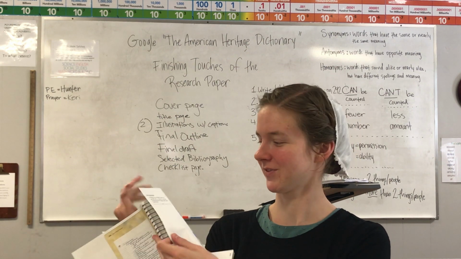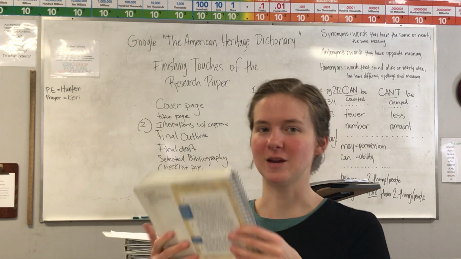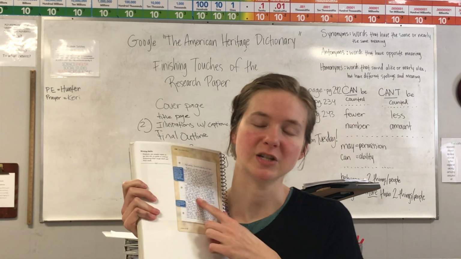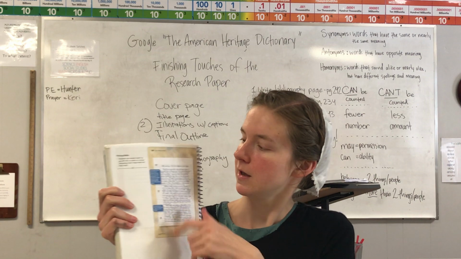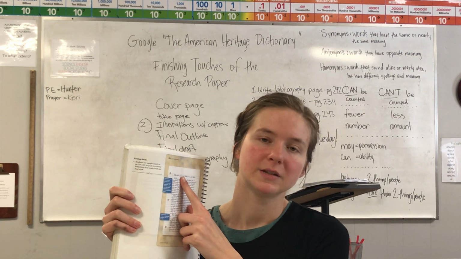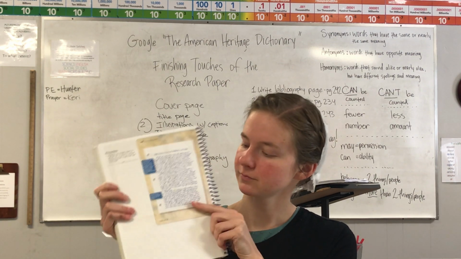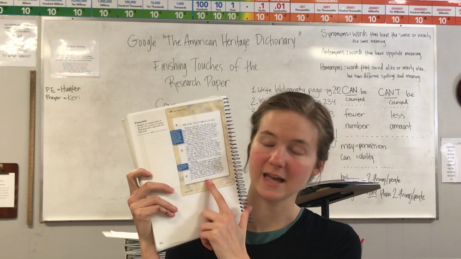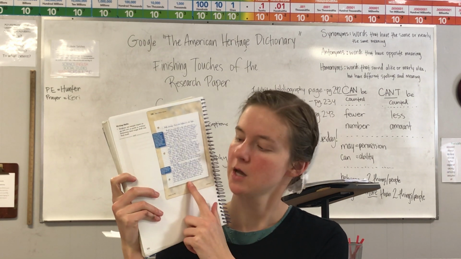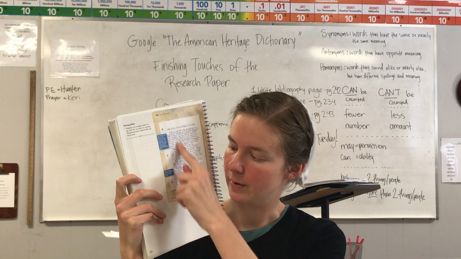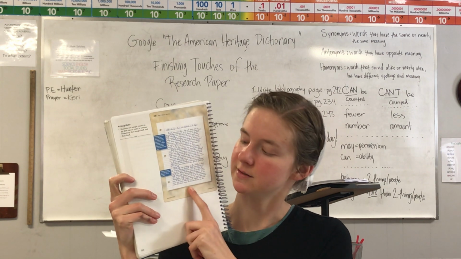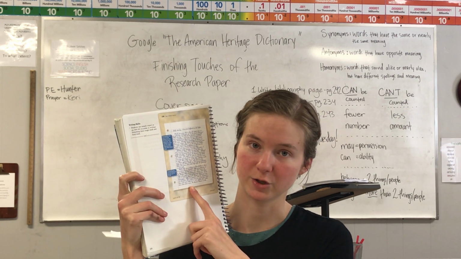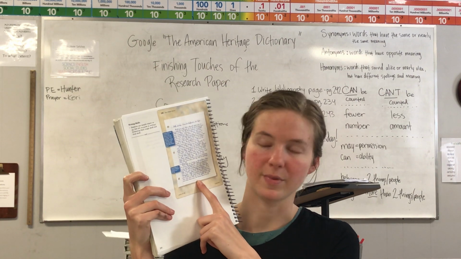No page number. Your first page number is the first page of your final draft. Notice it has a title. So since it has a title, your page number 1, just write 1, will go at the bottom center, just like this. You can look in your language book if you're not sure what I mean. Copy exactly what they have.